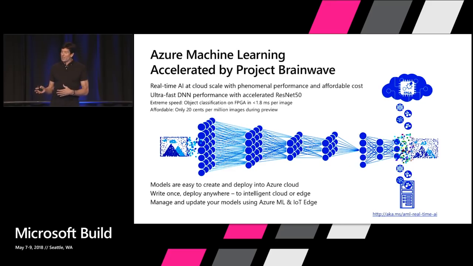Now, I've talked about FPGAs before, and those FPGAs were in the context of our accelerated infrastructure. We're also applying FPGAs towards machine learning inference. Inference is when you have an input and you want to get a score on it, you want to get a prediction from that input based off of a machine learning model that you've already previously trained.